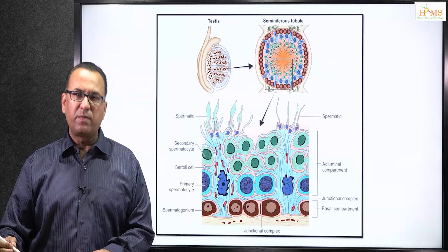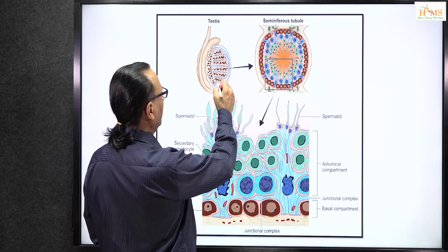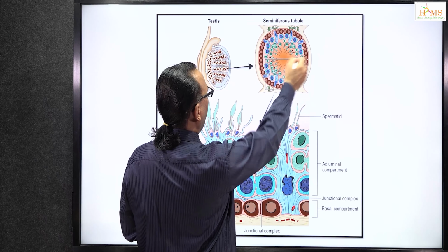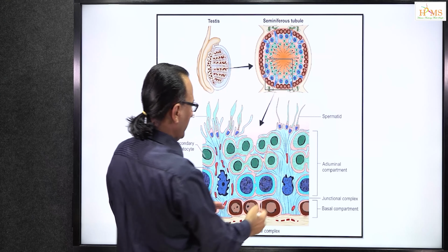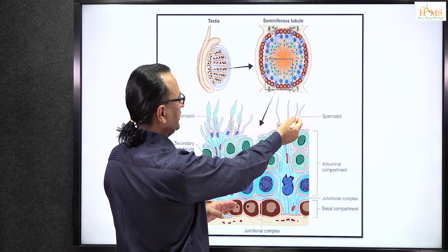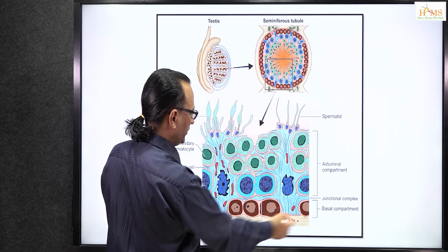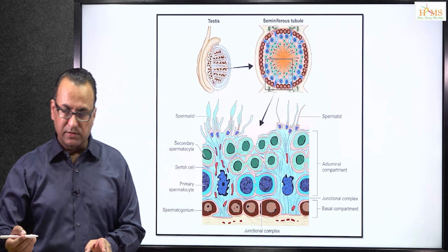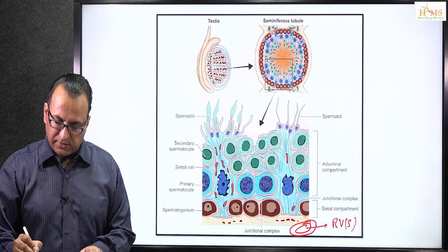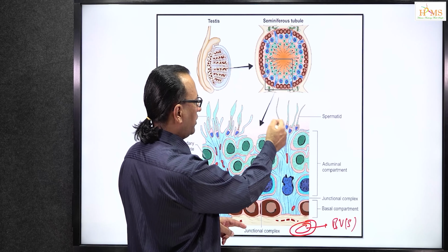In this diagram, we'll be talking about the blood-testis barrier, and as we are magnifying the diagram of the testis looking inside one of the seminiferous tubules and still magnifying it, we find that the sperms are being formed towards the interior, towards the lumen of the seminiferous tubule, and towards the exterior we are having some interstitium. There will be the blood vessels, and we want to make sure that whatever the contents are there in the blood vessels should not get exposure to the spermatids lying on the interior.